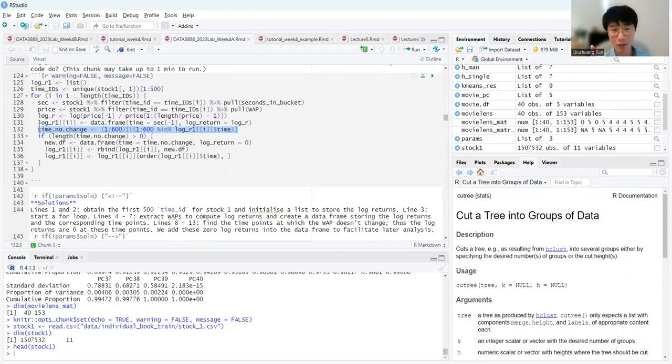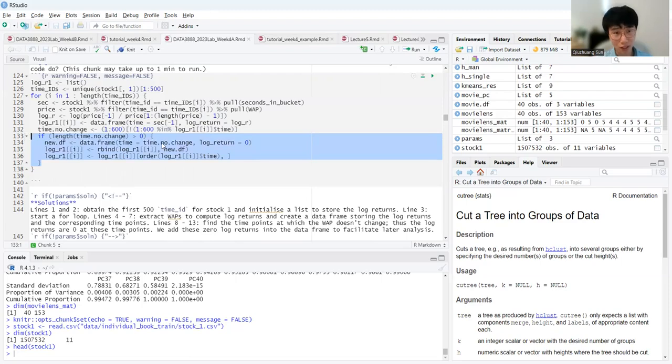So now I need to insert 2 in this data frame, and corresponding to the second 2, the log return is 0 because there's no trading. So I need to insert this information into the data frame. These lines just insert 0 into the data frame.